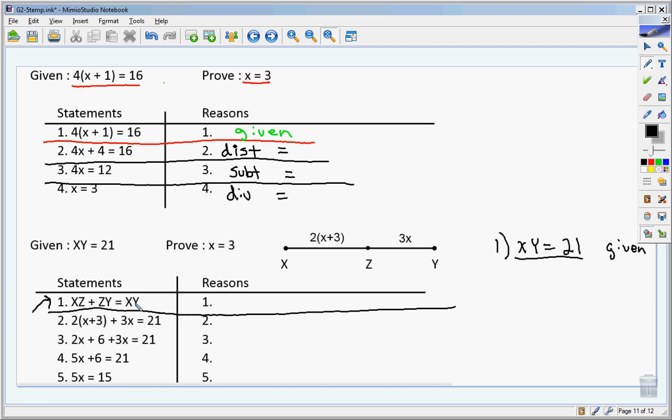This reason doesn't come from this given statement. It comes from the picture, and it's going to take a geometric reason over here instead of one of the algebraic ones. Does anybody know why I can state that xz plus zy is equal to xy?